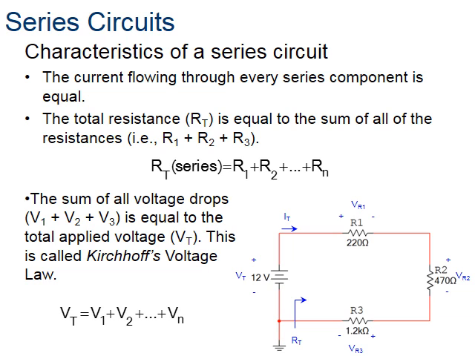So if we take a look at the diagram below, we see V total, which is essentially a battery, or it could be some other power supply source. In class, we will use power supplies. So this would simulate a power supply or a battery. And here we have 12 volts for that.